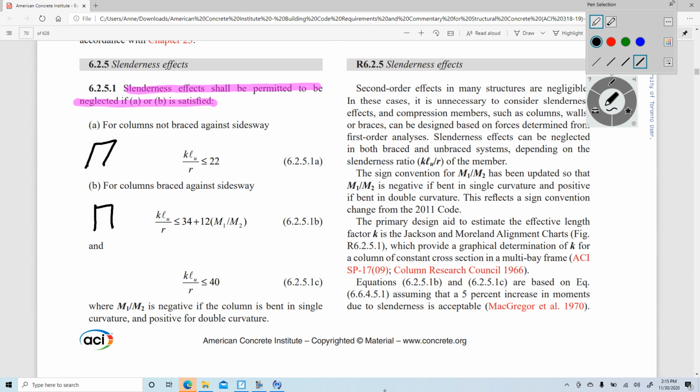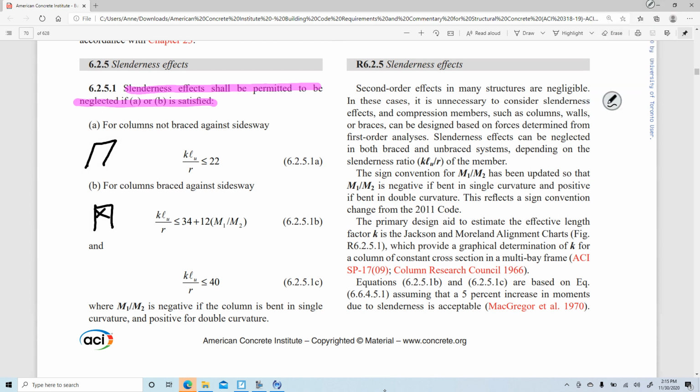If our building is braced, it's usually like an X column or some X brace. This would be a moment frame, right? As long as we satisfy these requirements, we don't have to account for slenderness.